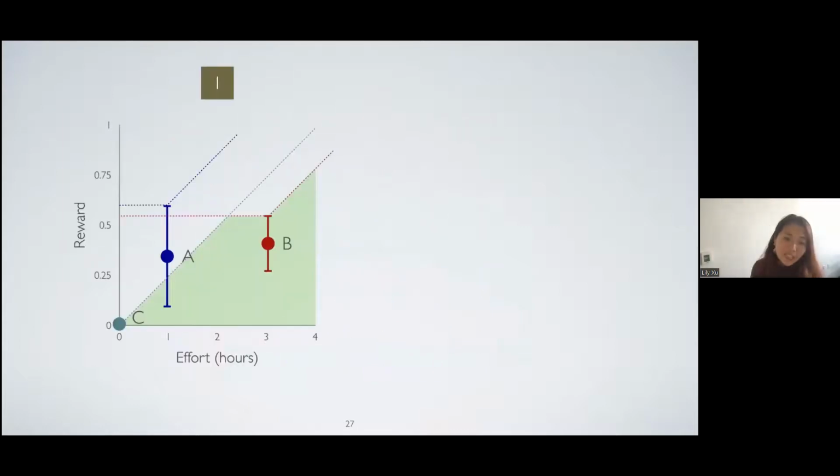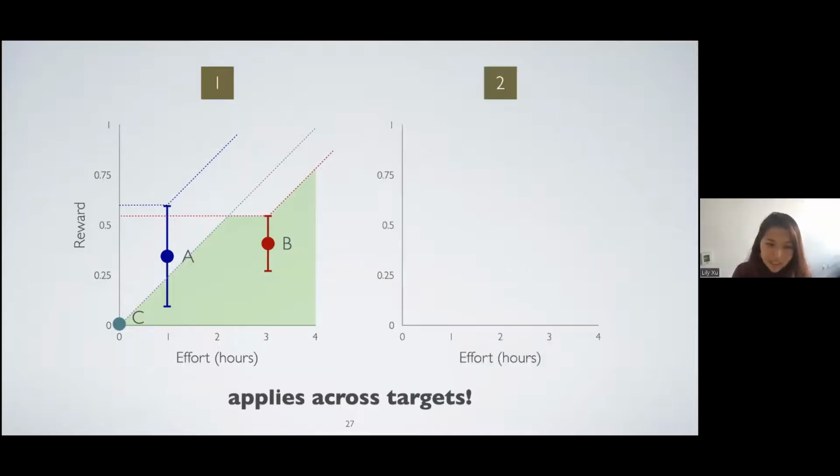So if we look at target 1, for example, this is our current estimate of the UCBs of the rewards.